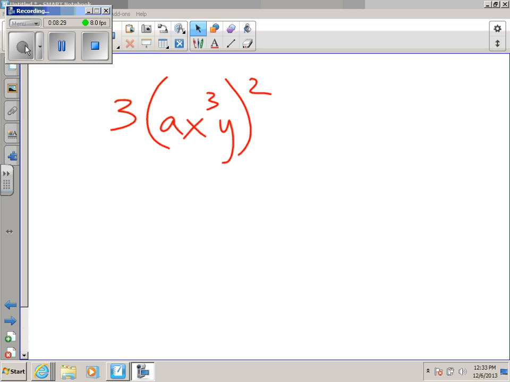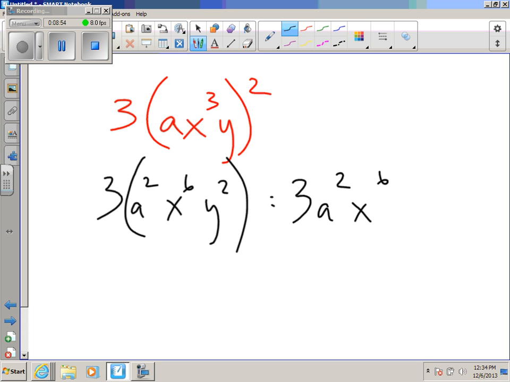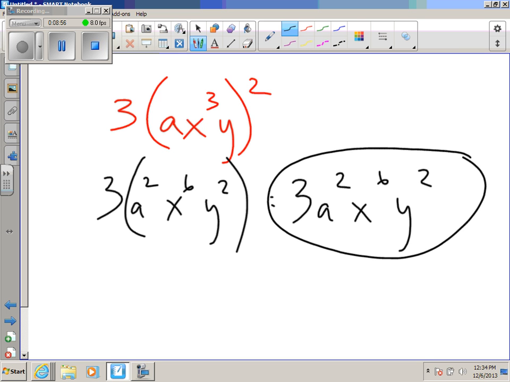There's nothing I could do inside, therefore I got to use the exponents first. So I'm going to ignore the 3 for a second, and a, x to the 6th, and y squared. If I multiply 3 by all this, it's just 3 a squared x to the 6th y squared. Got it? Good.